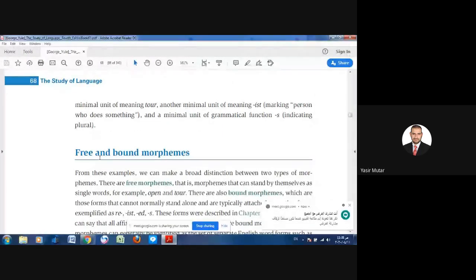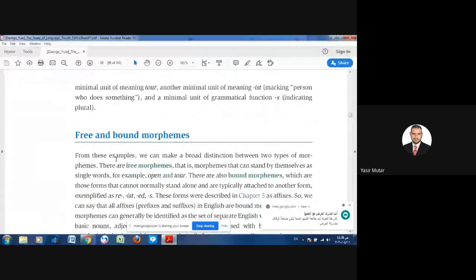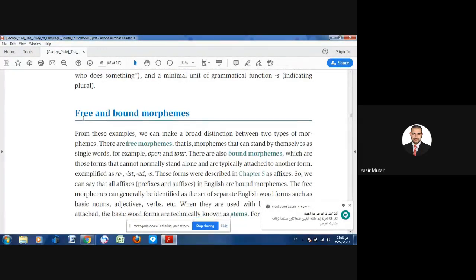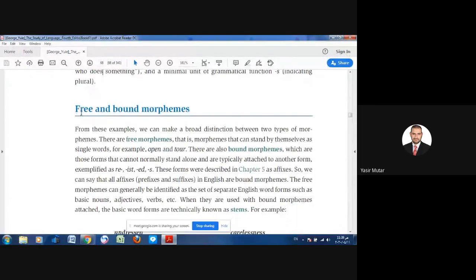Free morphemes and bound morphemes. And we said that for free morphemes, we have also two types of free morphemes.